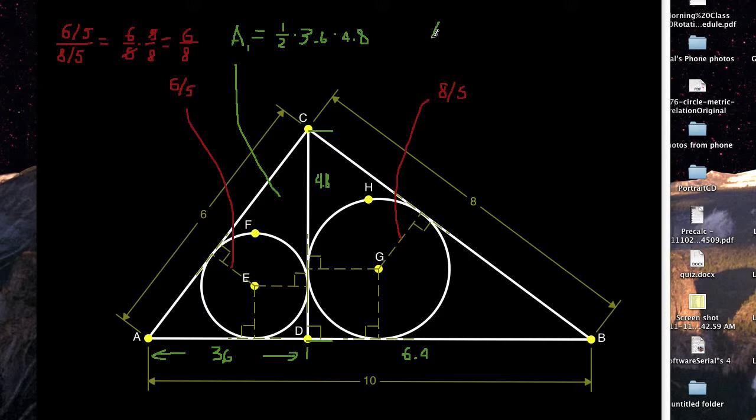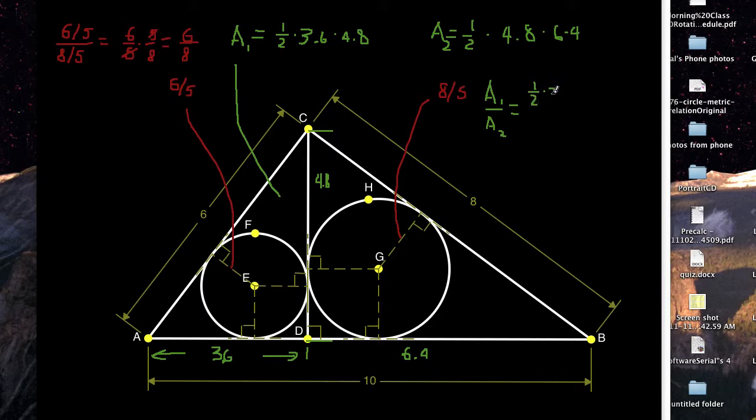The area of the larger triangle, area 2, is 1/2 times 4.8 times 6.4. So I take the ratio of the two areas: area 1 divided by area 2.